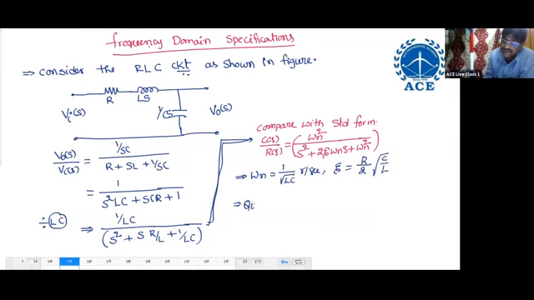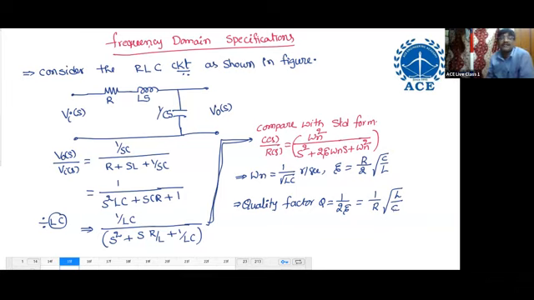Next, quality factor. Actually, we don't require quality factor here; all this will come in network theory. But in terms of zeta, there is a formula: quality factor Q equal to 1 by 2 zeta, that equals 1 by R root of L by C. Resonance occurs only in a second order RLC circuit, when XL equal to XC.